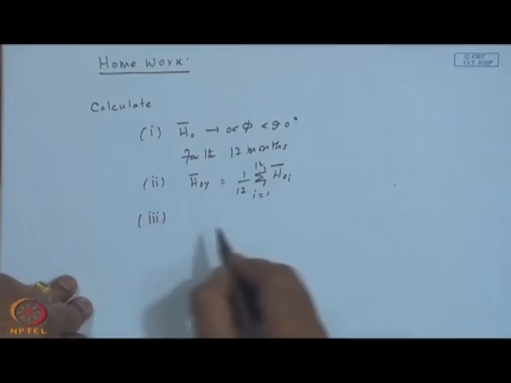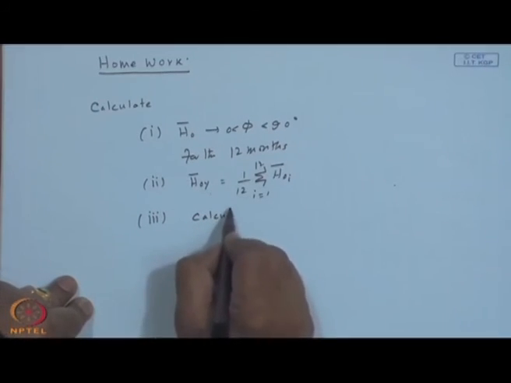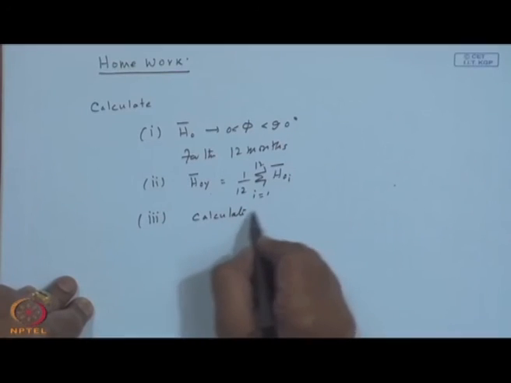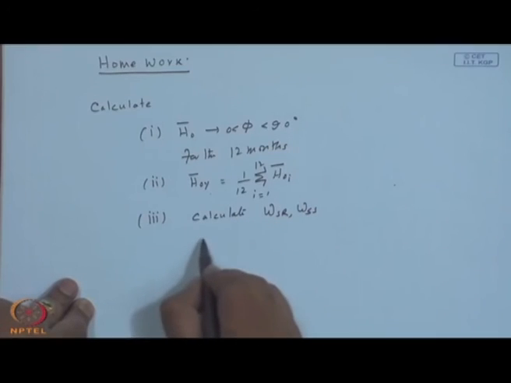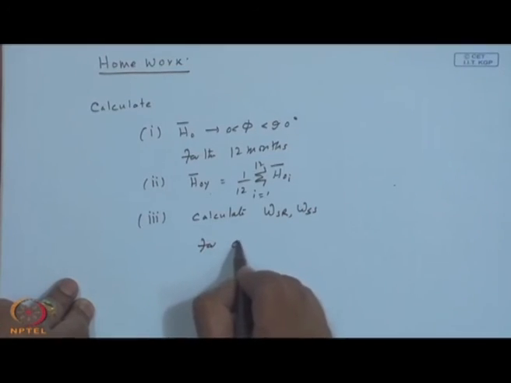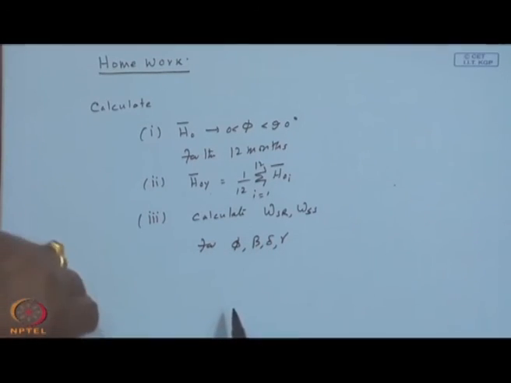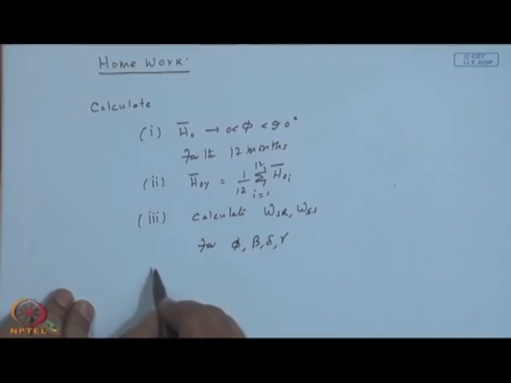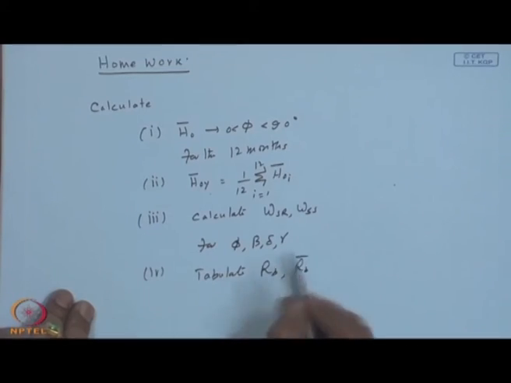And third thing you can do is you can calculate, I have already said that, omega SR, omega SS for different phi, beta, delta and gamma. Okay. 4, tabulate RB and RB bar, that is the monthly average or the daily.